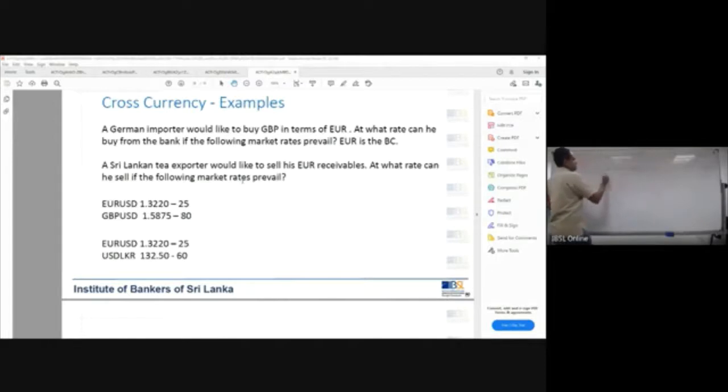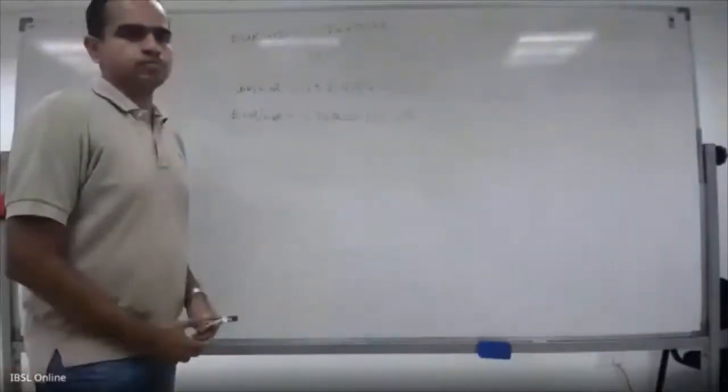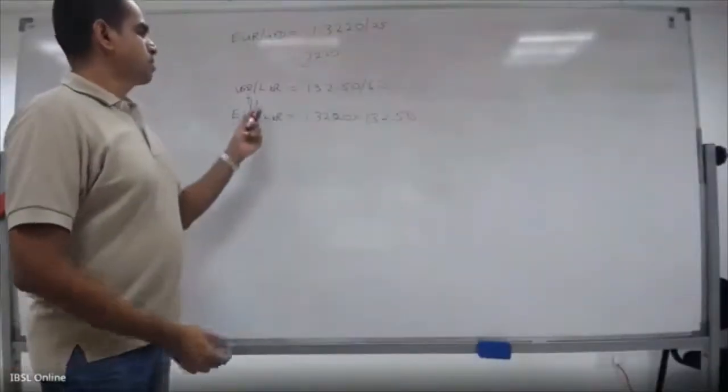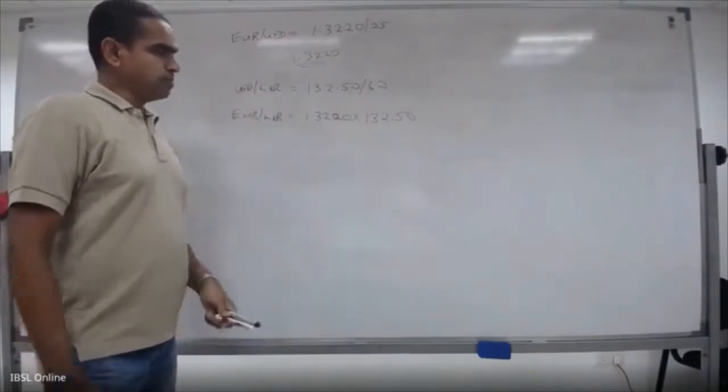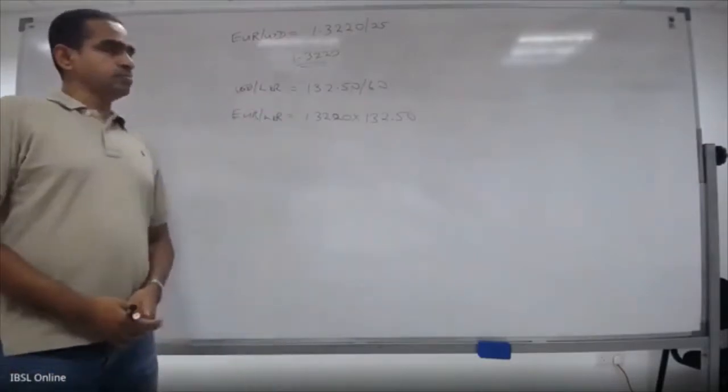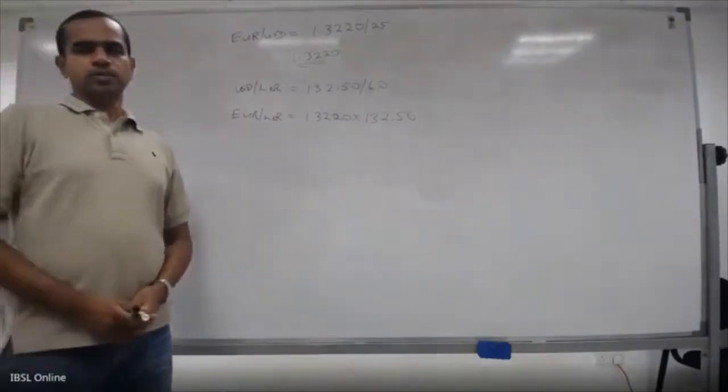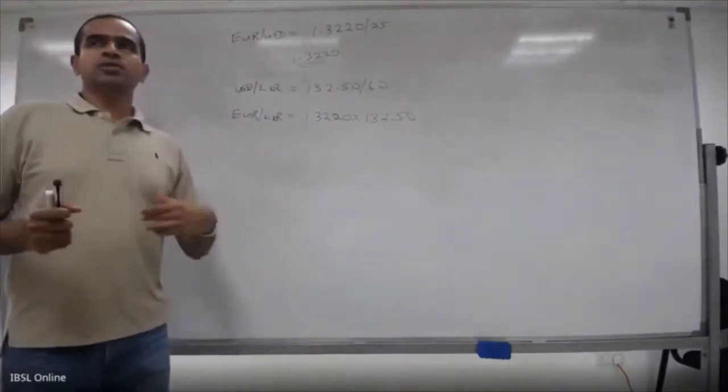Question is, what is euro rupee? 132.20. Why? Because it's indirect direct, so you need to multiply. It is the export, and he's getting euro, so he has to sell the euro.